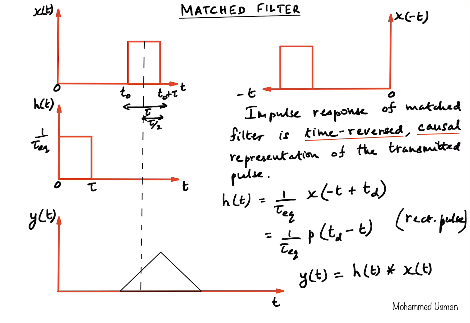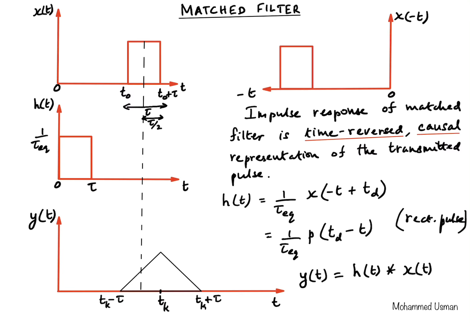Now a couple of things that we notice from the output plot here. It is triangular for a start, and it has a width of 2 tau. If we say that the middle, or the peak, of the triangle is at some time instant, we'll call it tk, then one extreme of the triangle is tk plus tau, and the other side is tk minus tau.